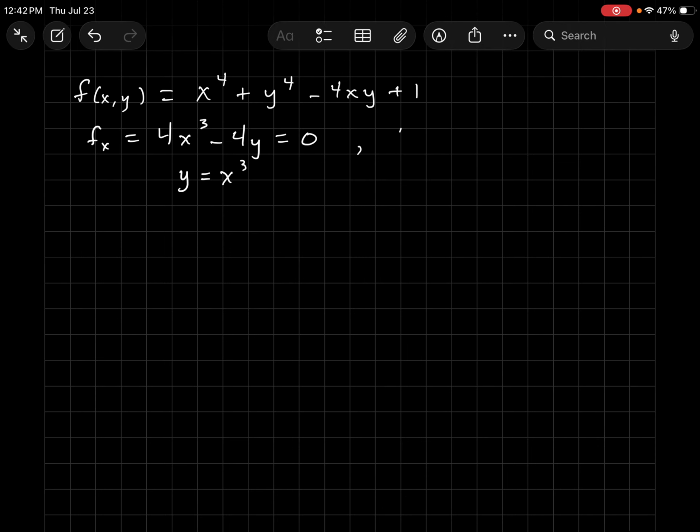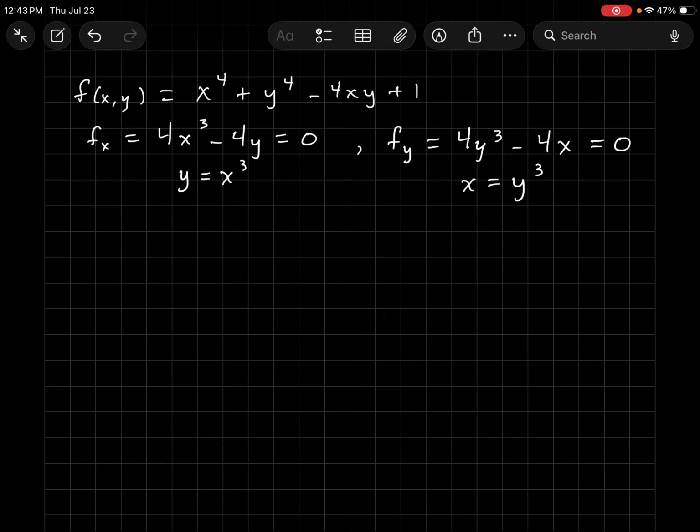Now let's find the partial with respect to y, which is going to be 4y cubed minus 4x, and this will equal 0 when x equals y cubed.